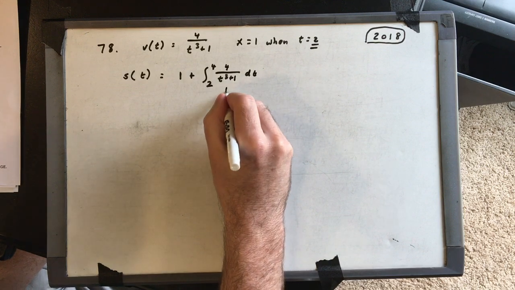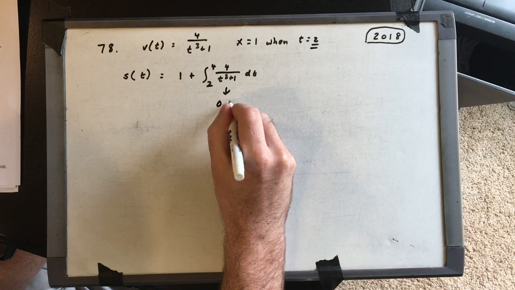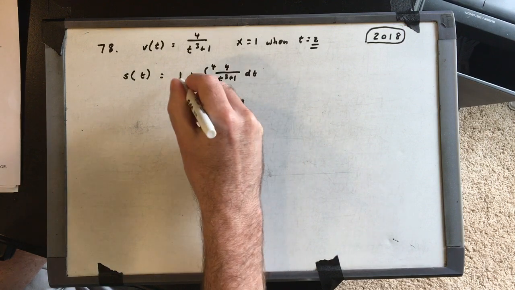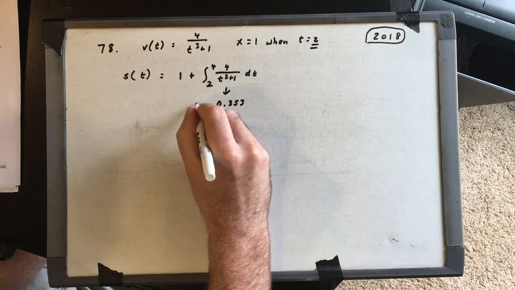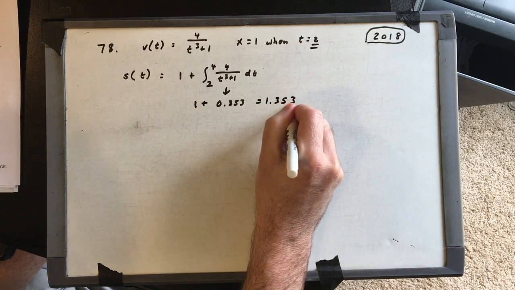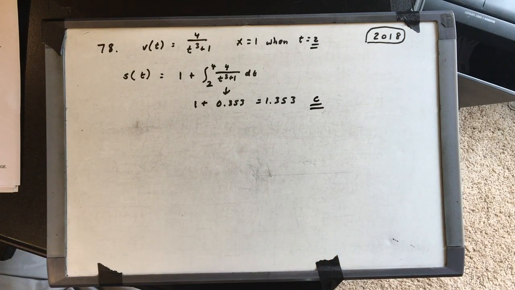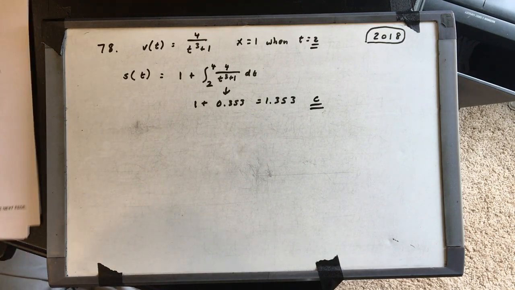All right, this part, you put it in your calculator. Go ahead and try that. That's going to be 0.353. So when you add 1 to that, that's 1.353, which is option C. So that's one you could stick in your calculator pretty quick and be all right.